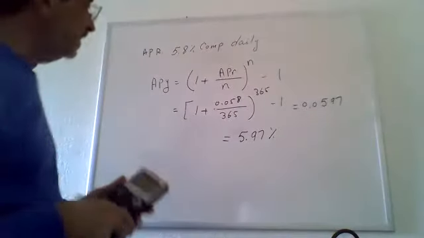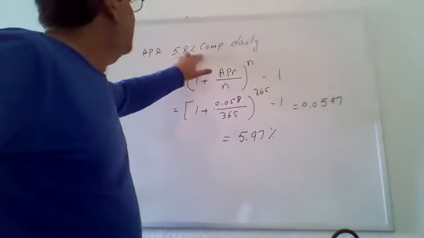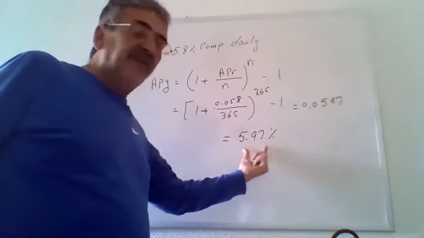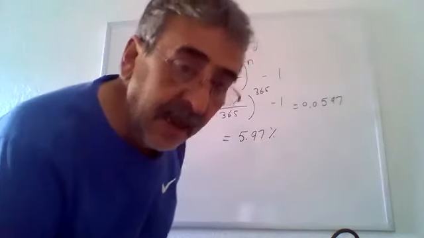So even though it is 5.8%, because it's compounded daily, it becomes 5.97% compounded yearly.